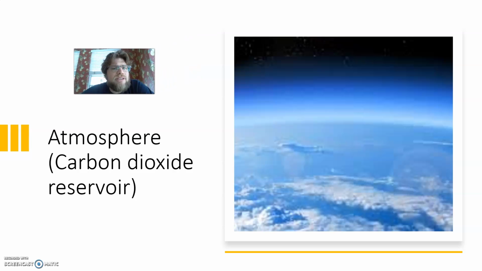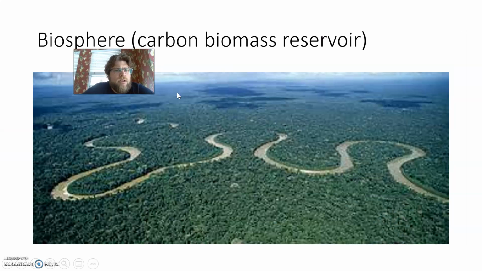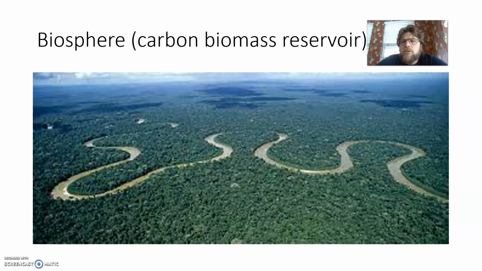So some carbon reservoirs or sinks. First, the atmosphere. Carbon dioxide can get stored up in the atmosphere. Second, the biosphere. Whether that's on land or in the ocean, the biosphere is all living organisms on planet Earth. So I have a picture of the Amazon forest.